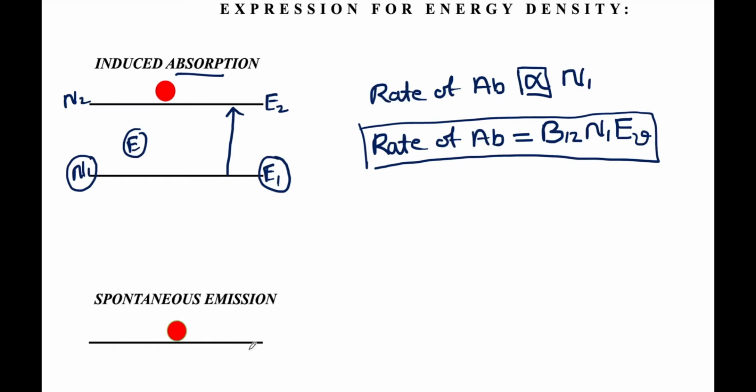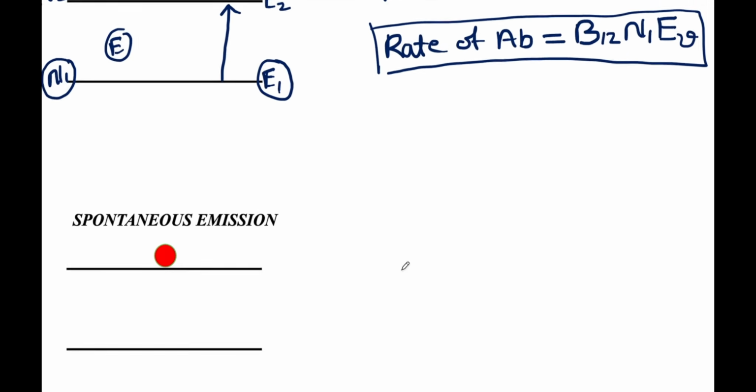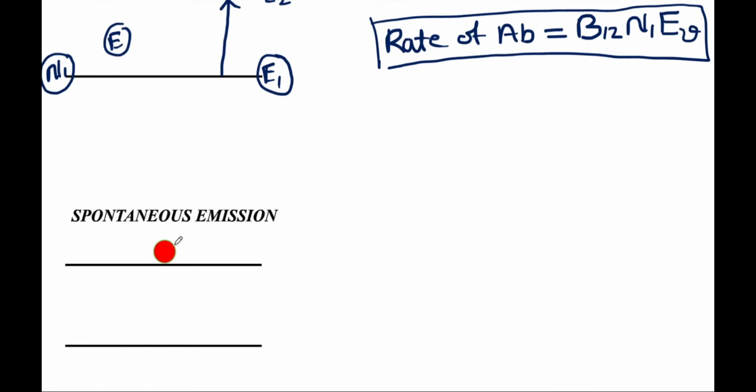Similarly, in the case of spontaneous emission, the electron is initially present in the excited state, because the continuation of induced absorption is spontaneous emission. The electron in the excited state already holds that extra energy, so the electron is unstable.